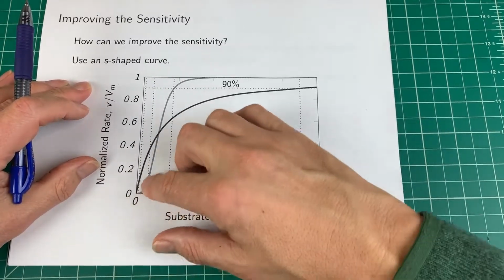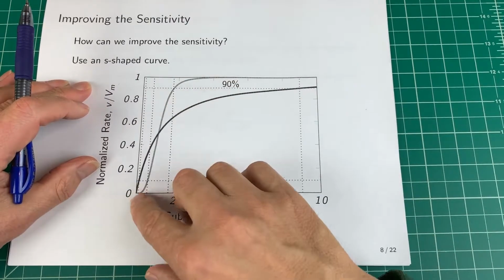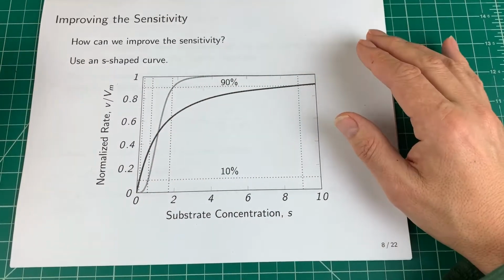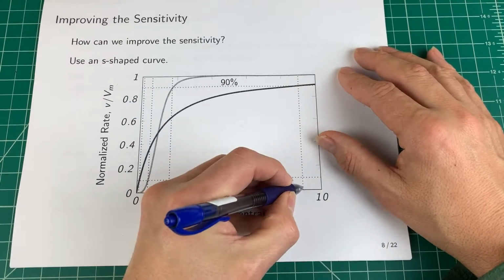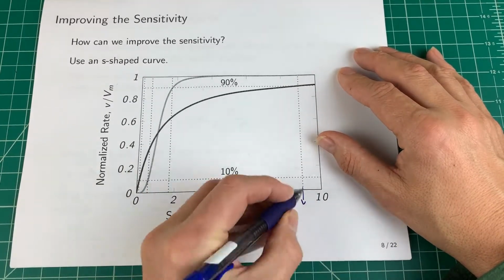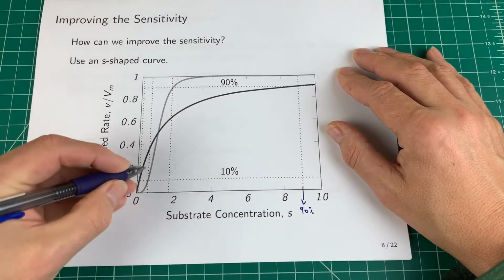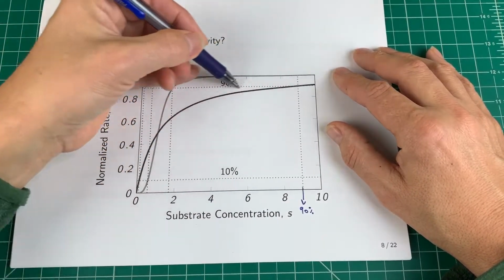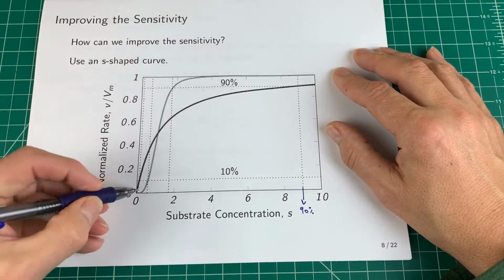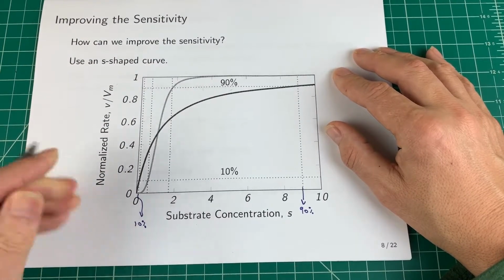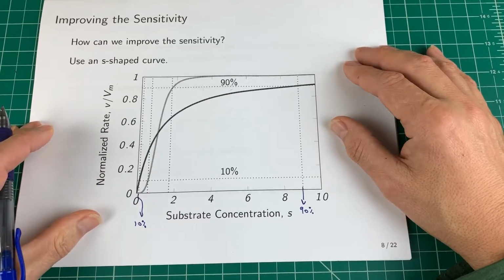This is the equivalent S-shaped curve that corresponds to this hyperbolic curve. This line here marks the 90% line for the substrate for the hyperbolic curve, and then if I go down here, following this line is the 10% line for the hyperbolic curve.